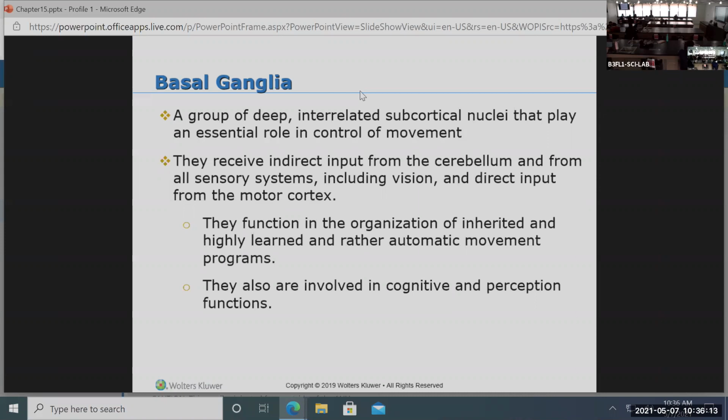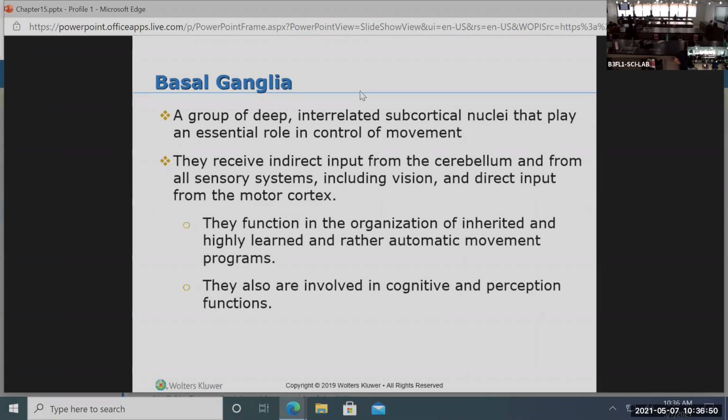What they do is receive indirect input from the cerebellum and from all the sensory systems, not only the cerebellum. They also receive sensory information, my vision, and direct input from the motor cortex. So the basal ganglia receive information from the cerebellum, from the eye, and from the motor cortex.